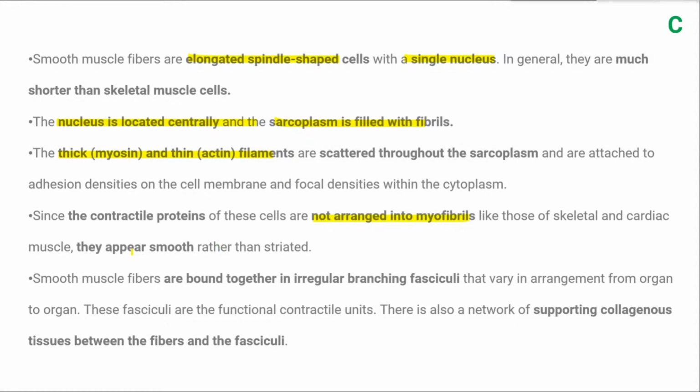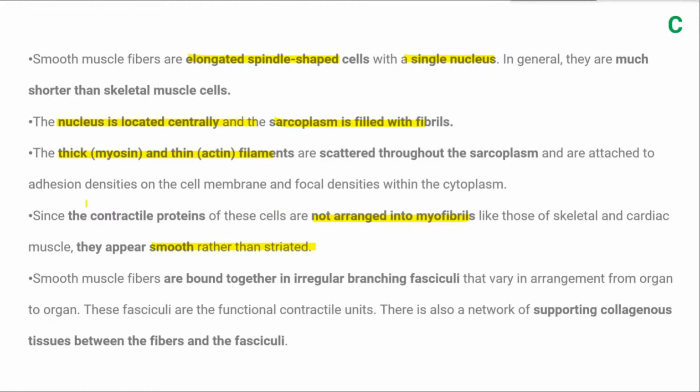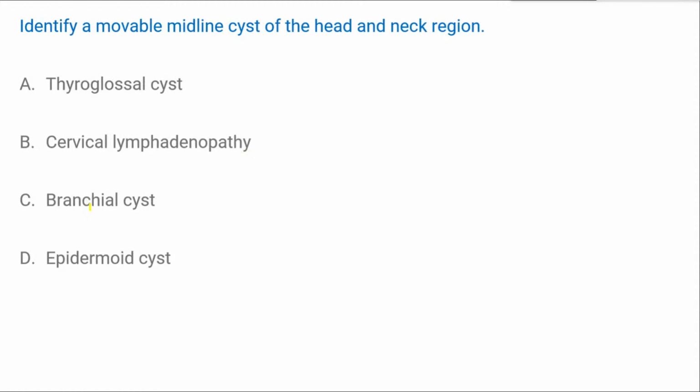That's why it is called smooth rather than striated, which is seen in both the striated and cardiac types of muscles. So this picture is pathognomonic of smooth muscle. You can go to the answer C and click the answer C for this. It was straightforward. Moving on to the next question.